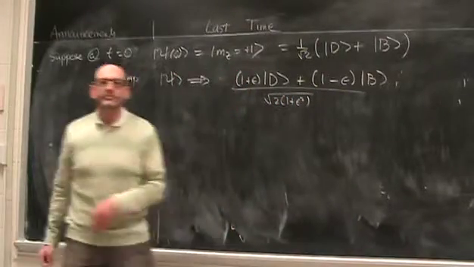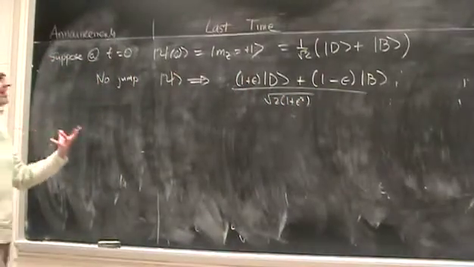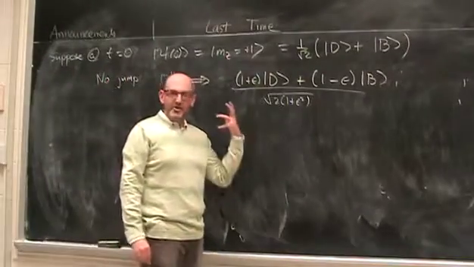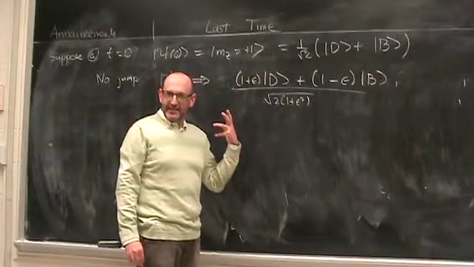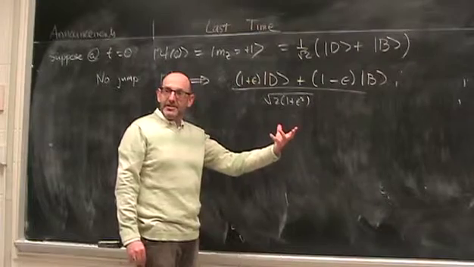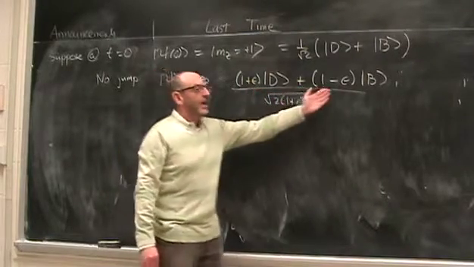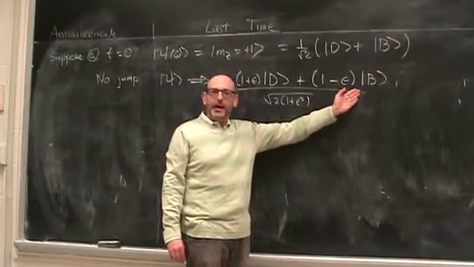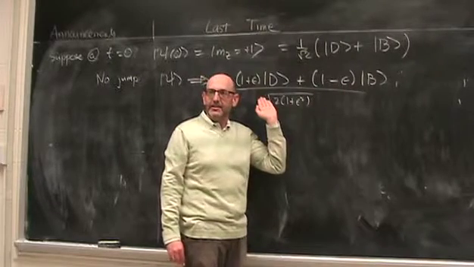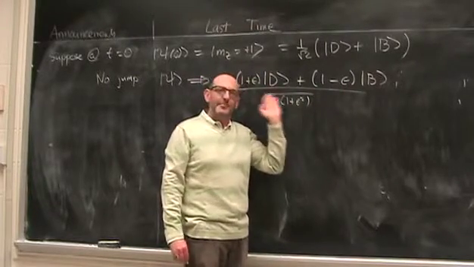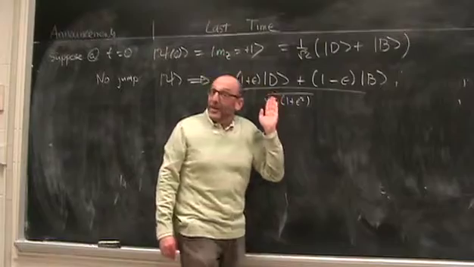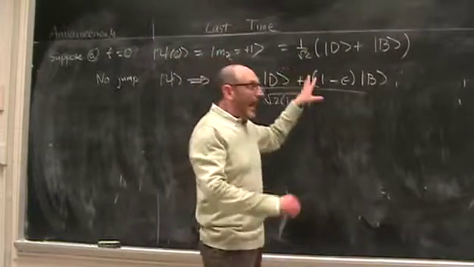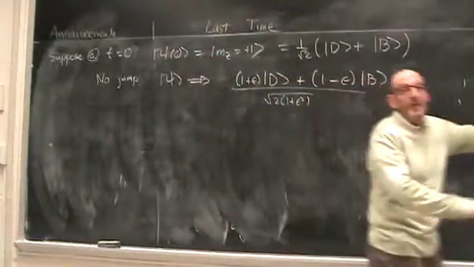Something like that. If I don't see a jump, the non-Hermitian evolution will be such that it's going to take away a little probability amplitude from the bright state and put it in the dark state. Because if I'm not seeing a jump, it's more likely to be dark. Now, that's just saying it, but that's what the math will do.